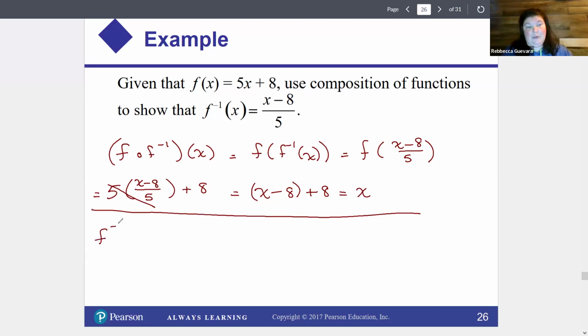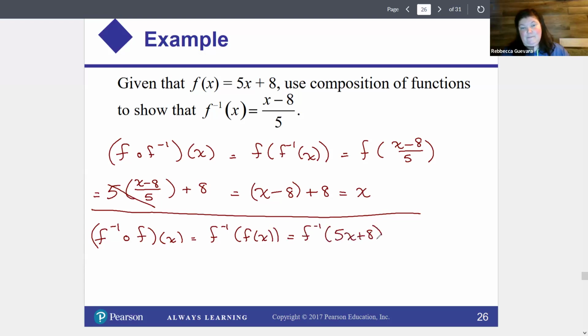Now I've done it the other way around, so f inverse is composed with f, and we're putting f inside of f inverse. Well, we know that f is just 5x plus 8. f inverse is x minus 8 divided by 5, and we replace x with 5x plus 8.